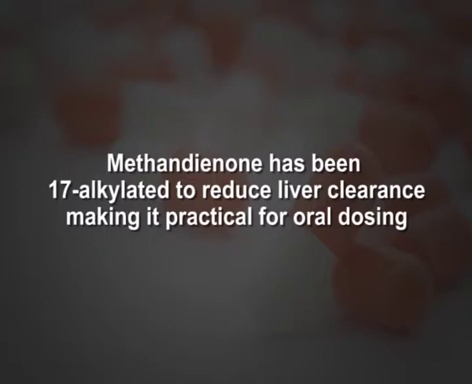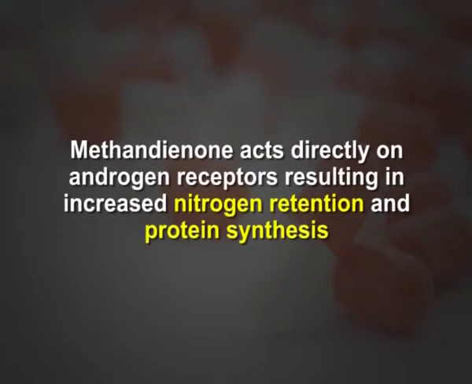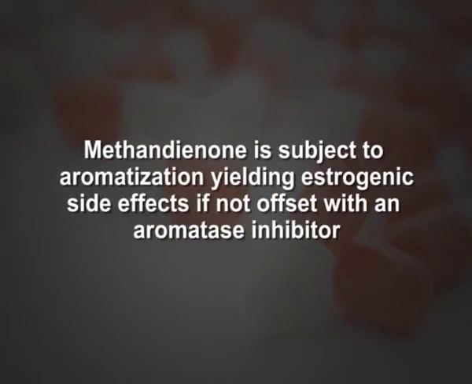Methandienone has been 17-alkylated to reduce the liver clearance, making it practical for oral dosing. Methandienone acts directly on the androgen receptors, resulting in increased nitrogen retention and protein synthesis. Methandienone is subject to aromatization, yielding the androestrogenic side effects if not offset with an aromatase inhibitor.